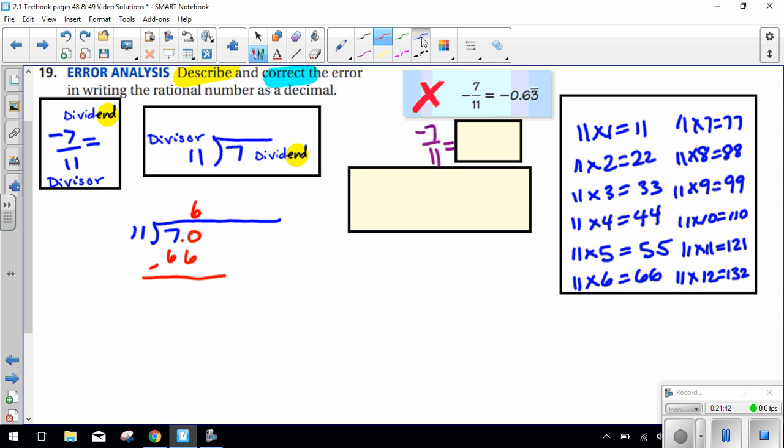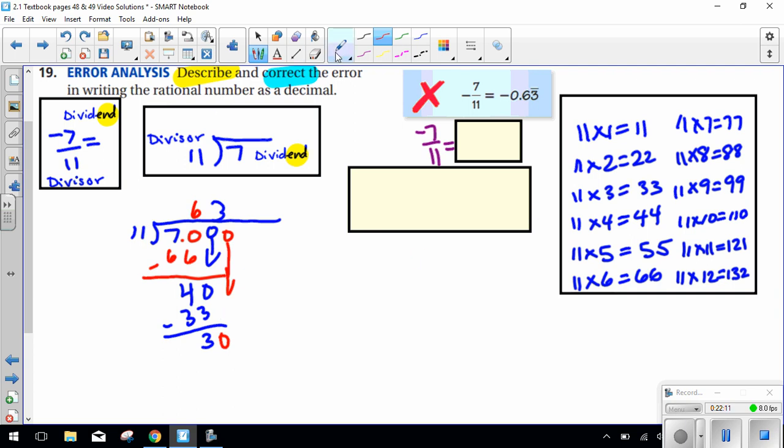When we subtract, we get 4 left over, and we add another 0 to bring down. 11 goes into 43 times. 3 times 11 is 33. 3 left over, add a 0 and bring down. 11 goes into 30.